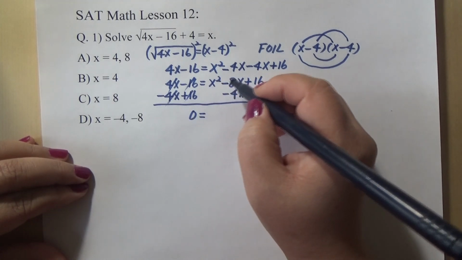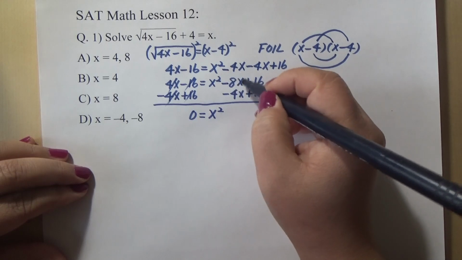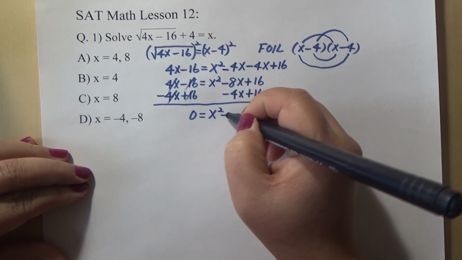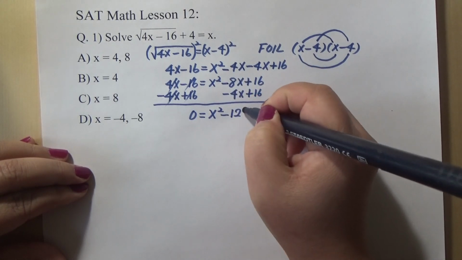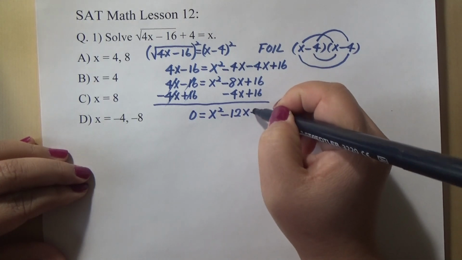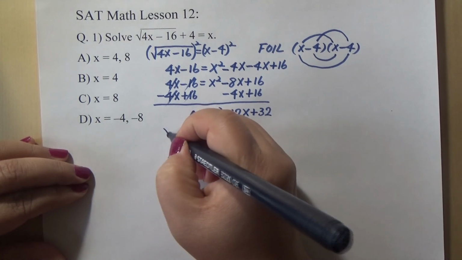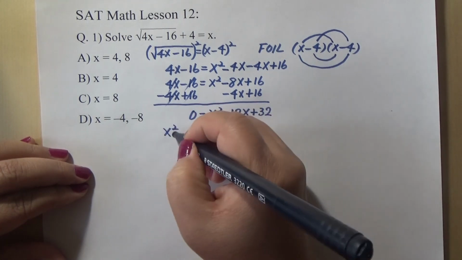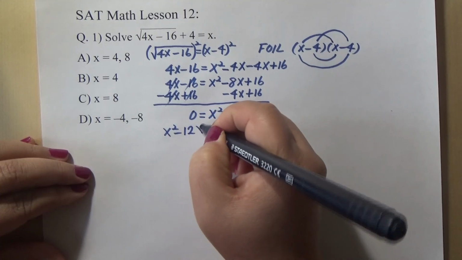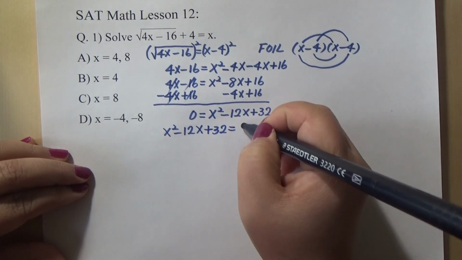Okay, so right side is x squared, and negative 8x minus 4x, negative 12x, plus 16, which is positive 32. And now I'm going to rewrite here x squared minus 12x plus 32 is equal to 0.